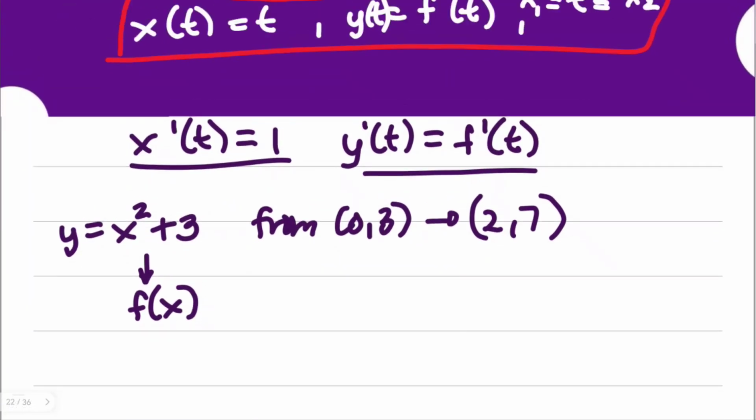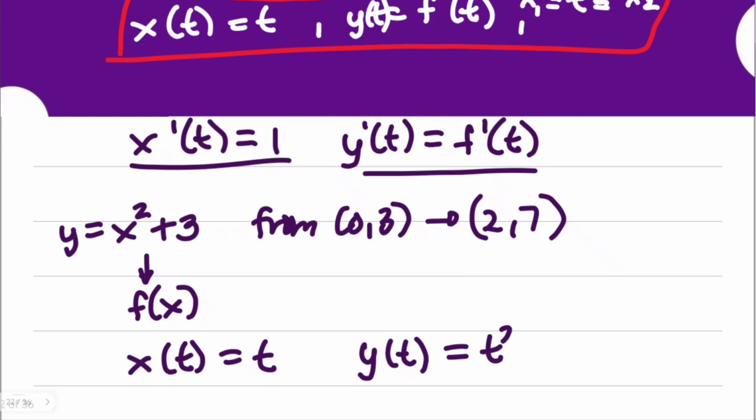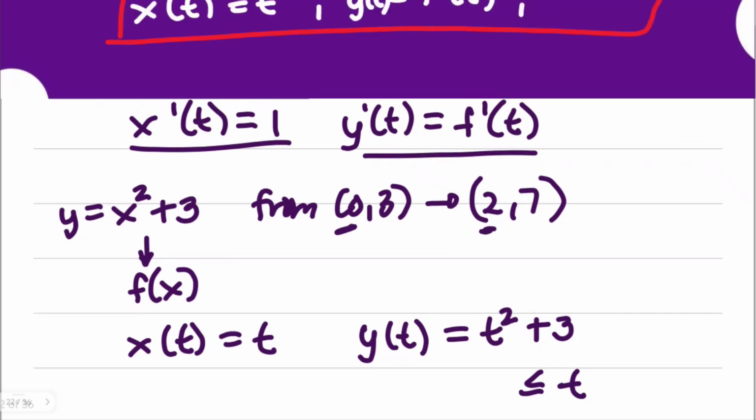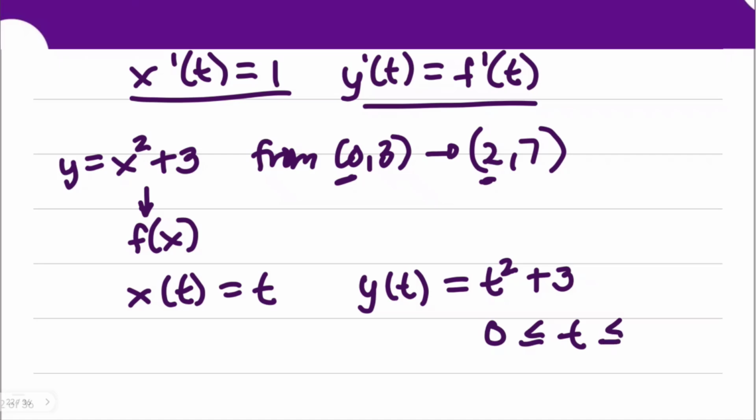So your x of t will be t, but your y of t would be the same function, but in terms of t, t squared plus 3. And your boundary for t would be the values of your x, 0 to 2. So 0 to 2.